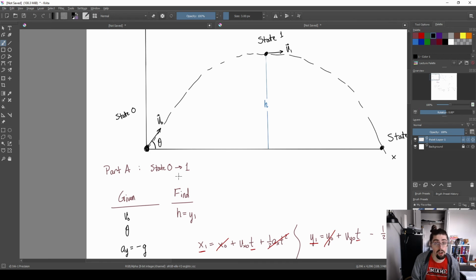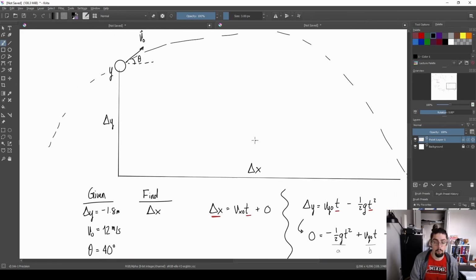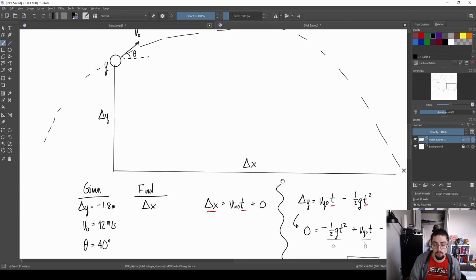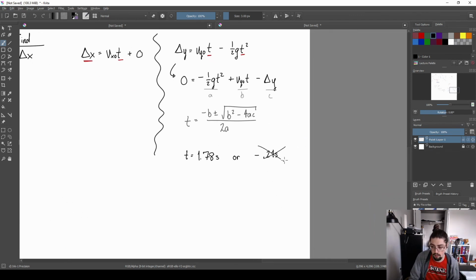Y was 0 when we started. Y is also 0 way out here on the right side. In this case, y is 0 behind us and in front of us. The behind us answer doesn't make any sense. We are going to disregard it. T is equal to 1.78. That fits with what we're describing. So that's the time that we're actually going to use.